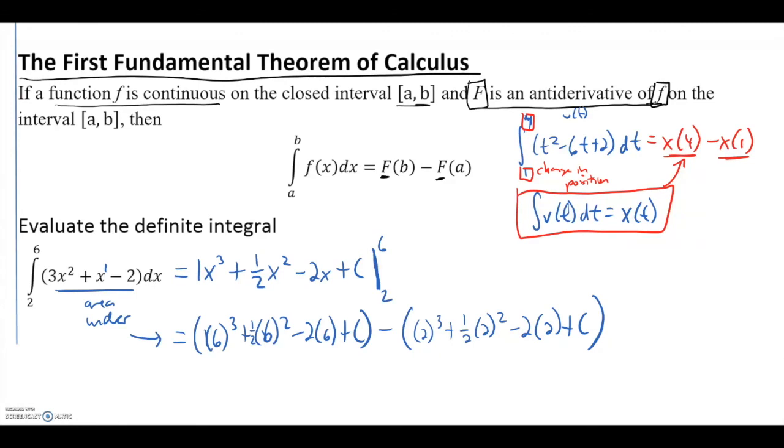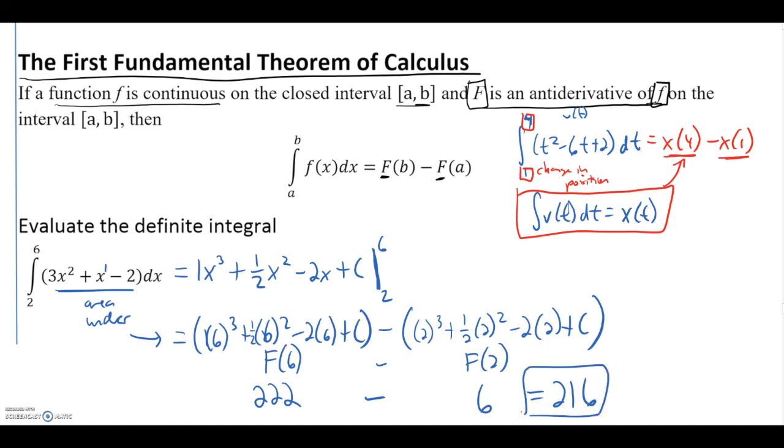And so this first group will represent our antiderivative at 6, or if you want to put it in context, you can think about that as a position at 6 given a velocity, and it will be 222, minus our antiderivative at 2, which will be 6, and give us an overall area bounded by this curve between 2 and 6 of 216.